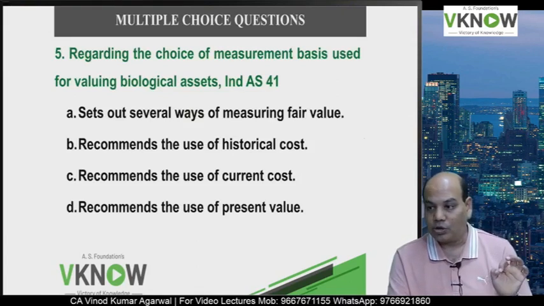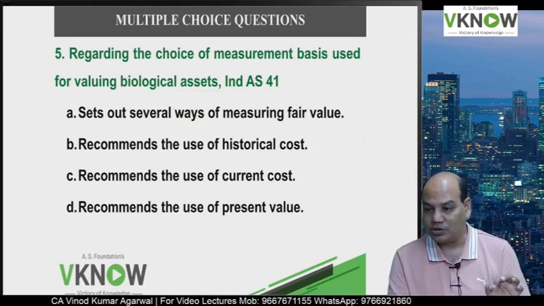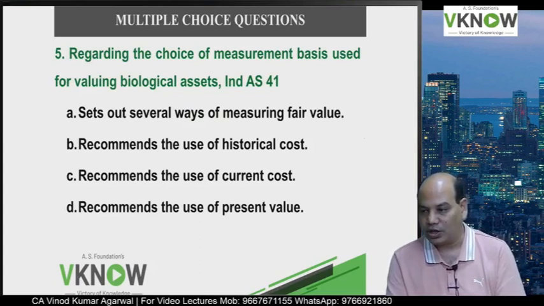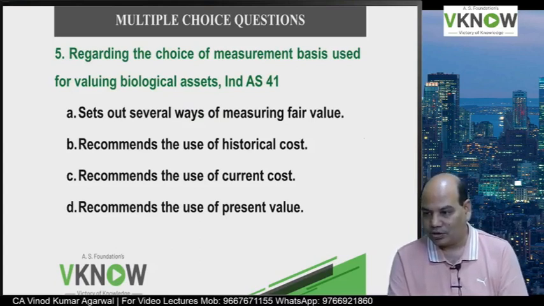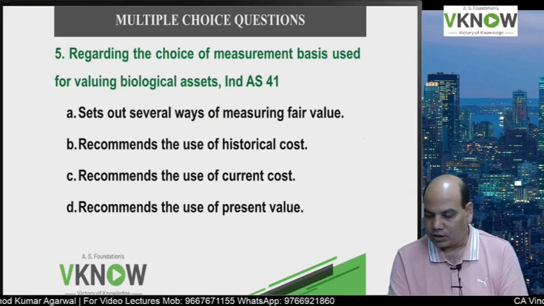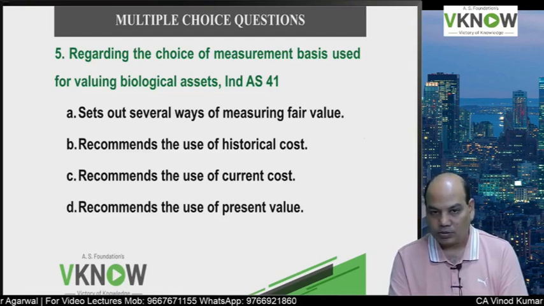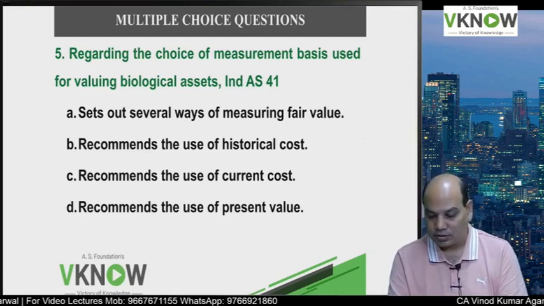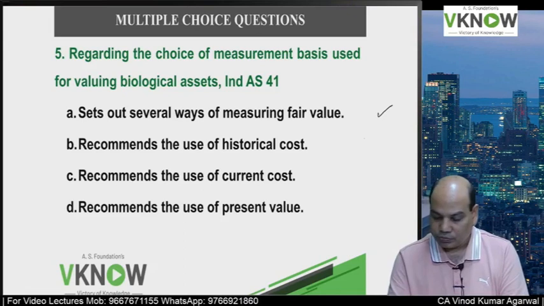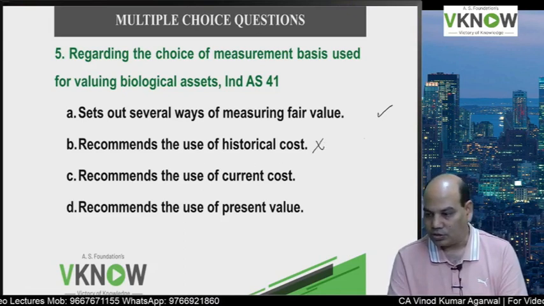Question number 5. Regarding the choice of measurement basis used for valuing biological asset, Ind AS 41 sets out several ways of measuring fair value. In our book we have discussed 7 methods. So this seems to be right. Recommend the use of historical cost, that is the last choice.